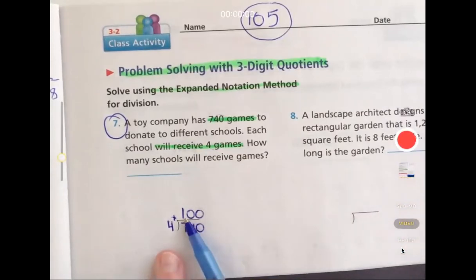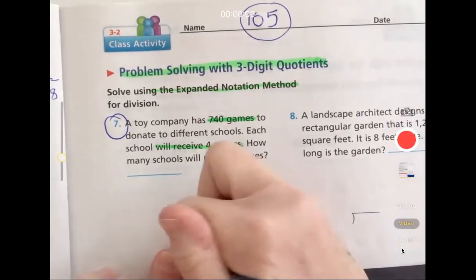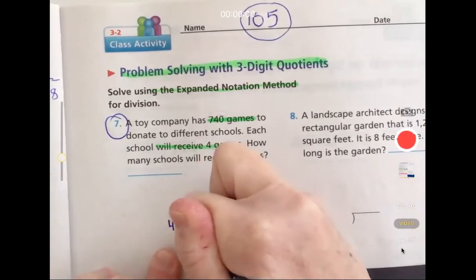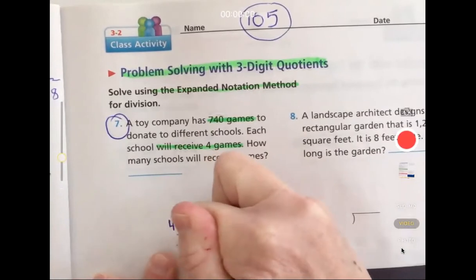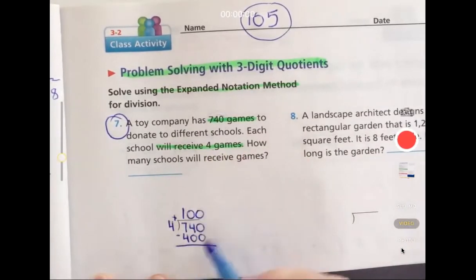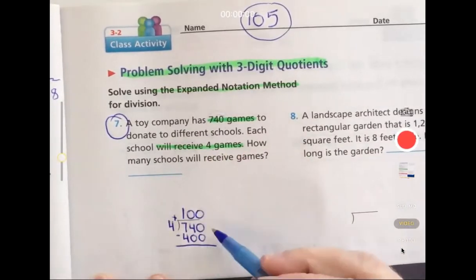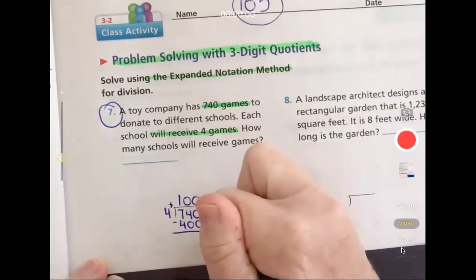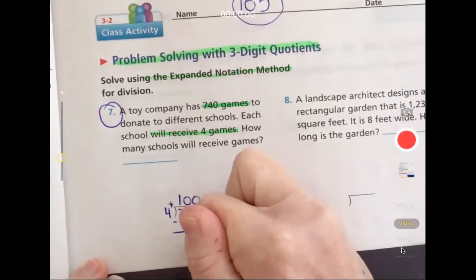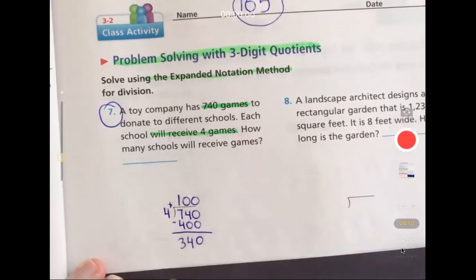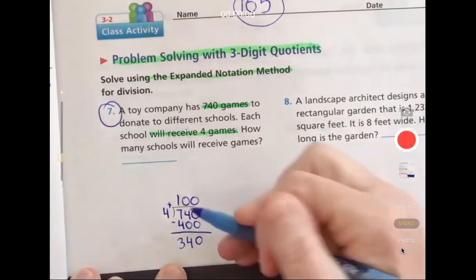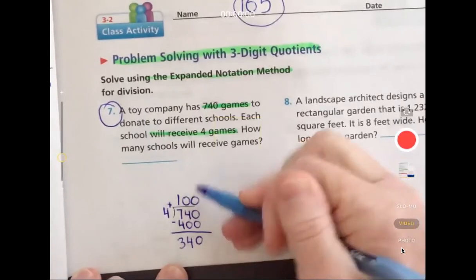Okay, so when I go backwards, 4 times 1 is 4, and we're in the hundreds, so we bring our zeros also, because 4 times 100 is 400. Let's subtract to see what we have still left to solve. So we've got 340. Now we're going to move to the tens place.